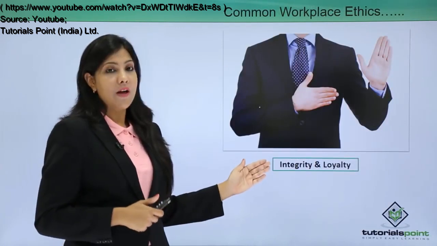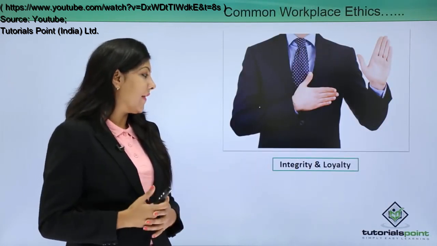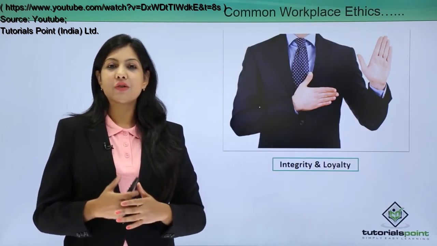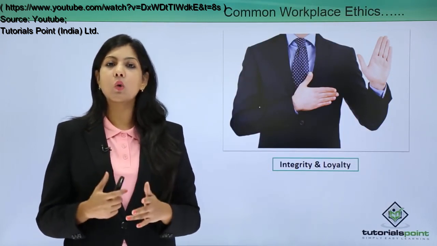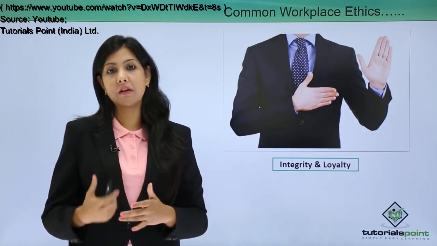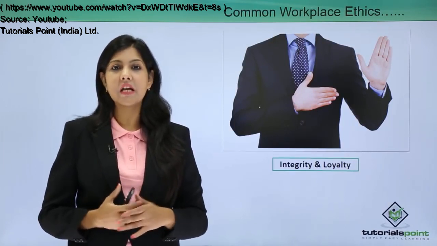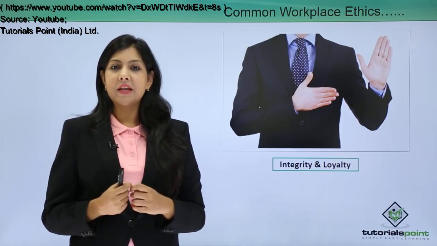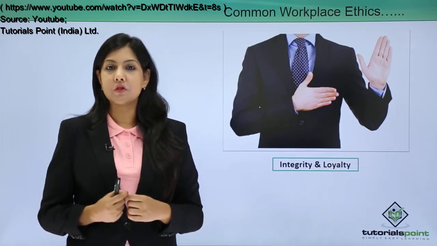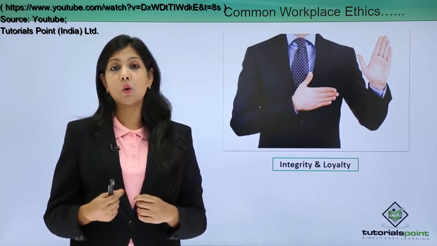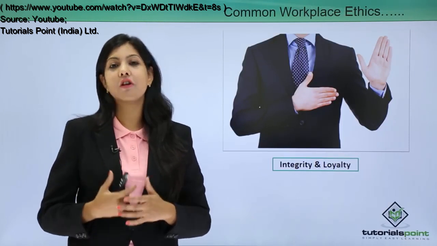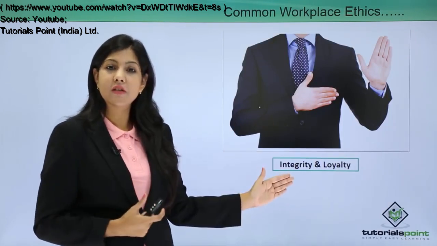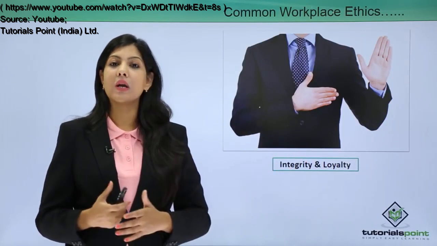The third thing with regards to workplace ethics is having a lot of integrity and loyalty. We have another module on integrity, but just to explain a little right now, integrity is something which is very personal to people. People's actions and behavior should show that they have integrity and a lot of loyalty.